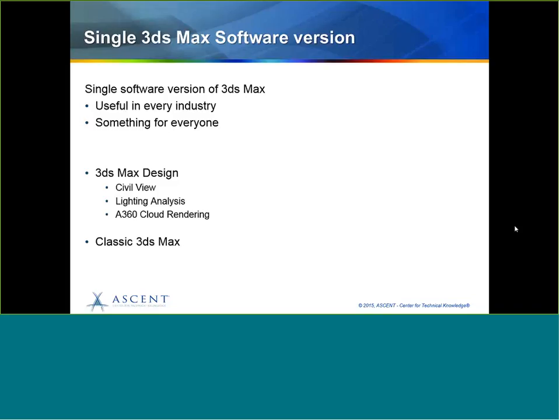In the latest 3ds Max, there is something for everyone. It can work efficiently for the architectural industry, or a user who is using it in the gaming industry, or also for those users who are in the media and entertainment industry. So anybody, no matter what industry, can use the latest 3ds Max software.